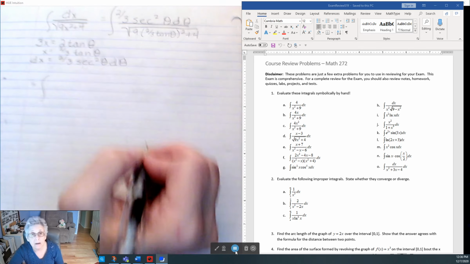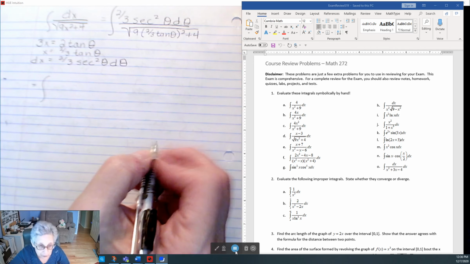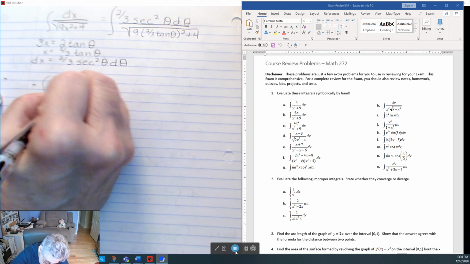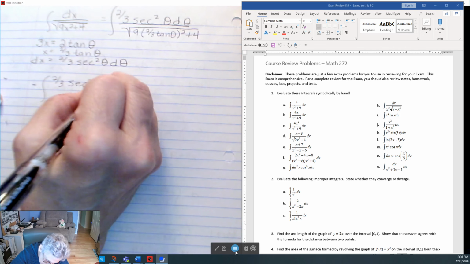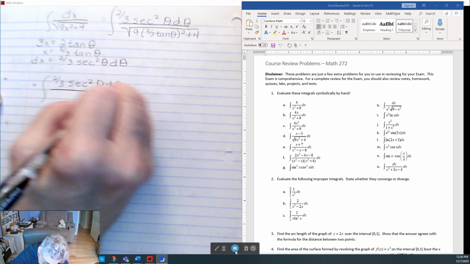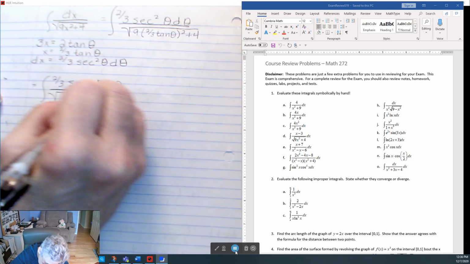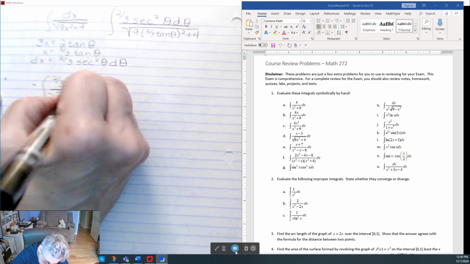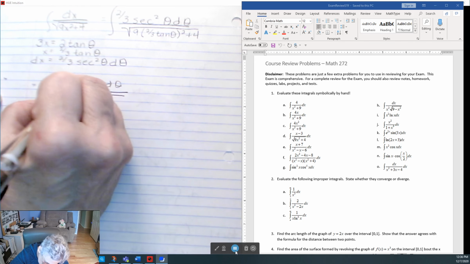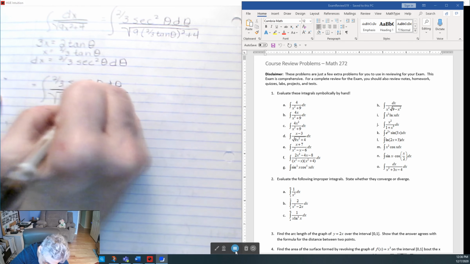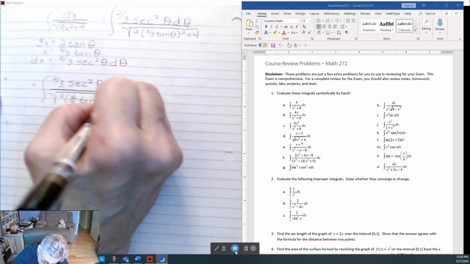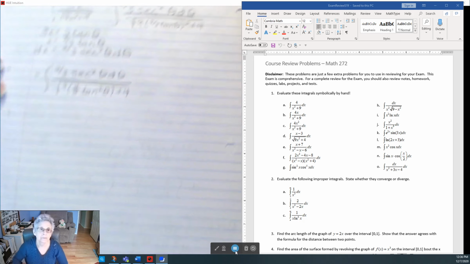Since it's been a while, we'll go through the algebra here. We still have 2/3 secant squared theta d theta sitting up above. Down below, I have 9 times 4/9 times tangent squared of theta plus 4.